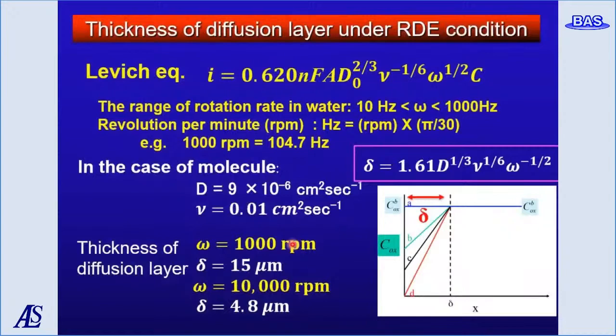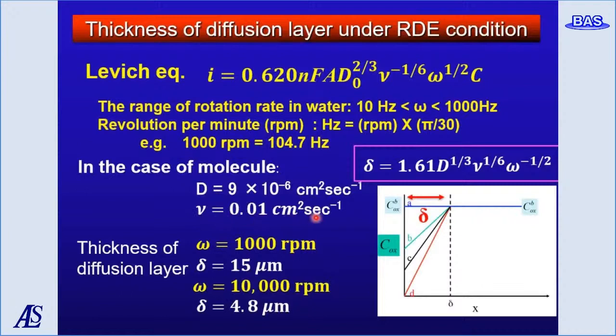We have to consider the thickness of the diffusion layer under the rotating disk electrode condition. For the Levich equation to hold, we need to perform the experiment within a rotating speed between 10 and 1000 Hz. In the case of typical molecules, the diffusion coefficient is 9 times 10 to the minus 6 square centimeters per second, and the kinematic viscosity is 0.01 square centimeters per second.